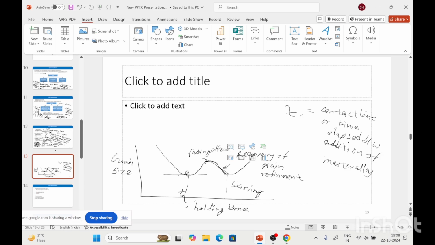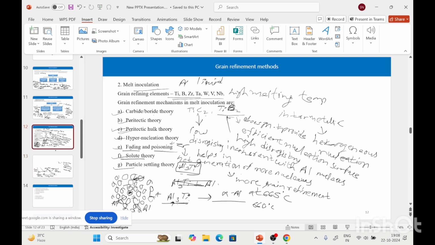And the grain size associated with this TC time is generally known as the ultimate grain size, UGS. So the UGS means ultimate grain size, the optimum grain size that can be achieved without any particle settling. So these are the different mechanisms related to the melt inoculation.